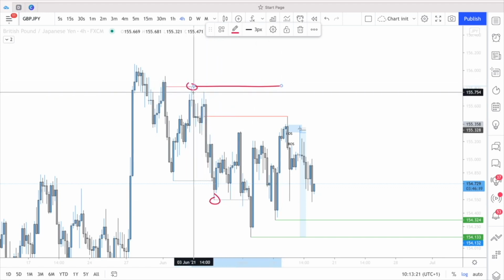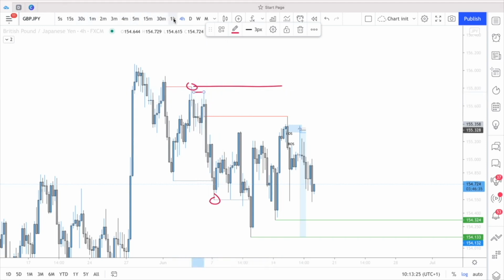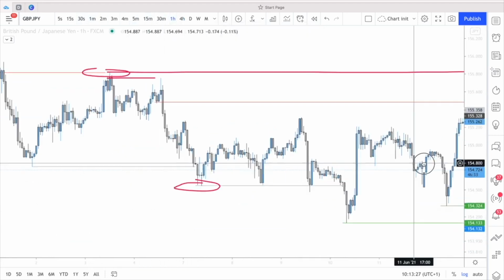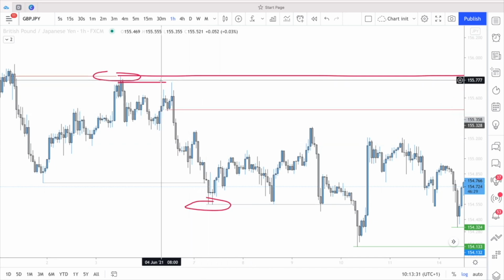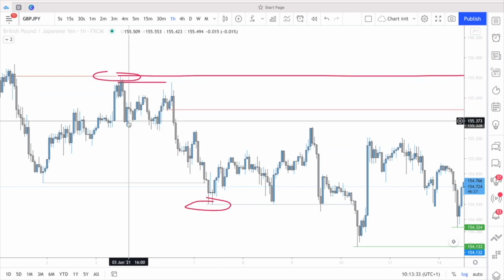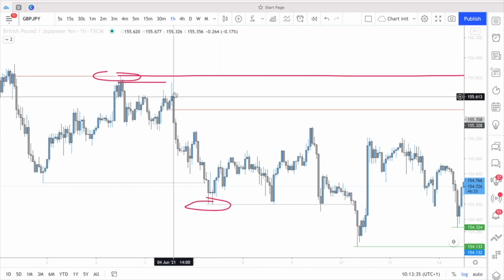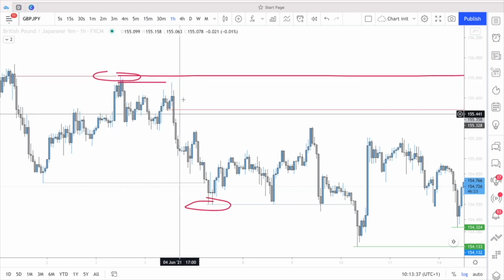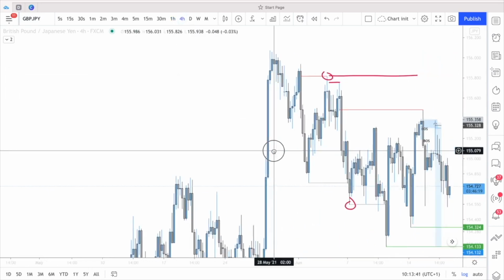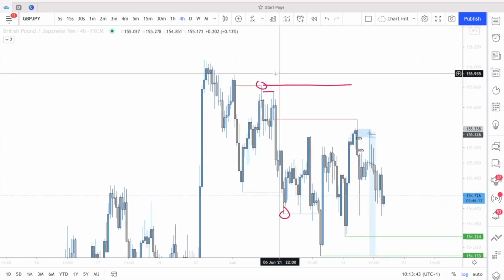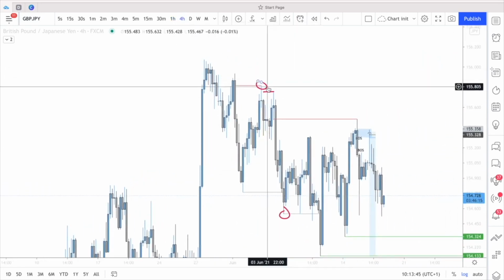Okay, that's why. The reason this made sense is because on the hourly time frame, it doesn't make sense for price to go even further, because whatever's happened here has all been mitigated by this. So anything on the lower time frame has been mitigated. That's my thinking behind it. However, if you still want to be safe, you can keep that as your higher time frame point of validation.